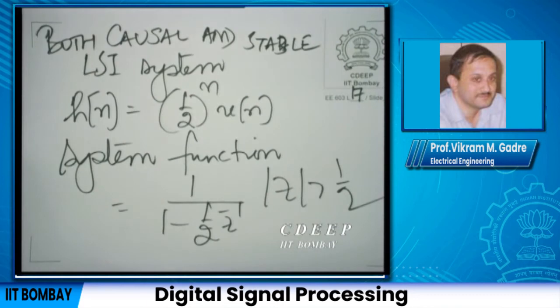And in fact, we will take this example or this pair of examples to draw some conclusions. You see, if you notice, among the three regions of convergence for the first example, it was only one region of convergence that gave you a stable system. The region of convergence which included the unit circle, where the frequency response was defined.